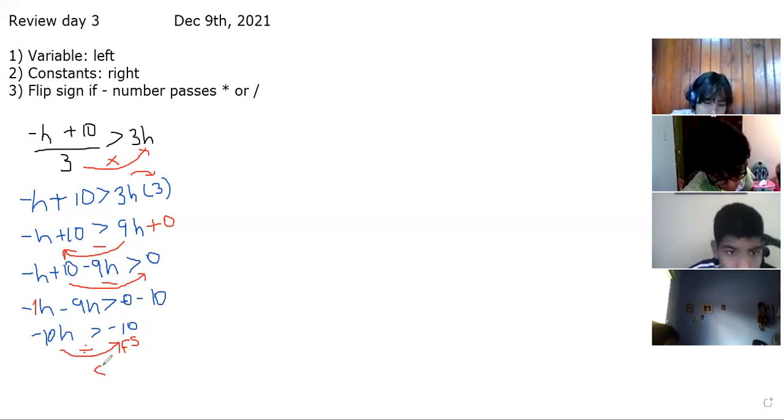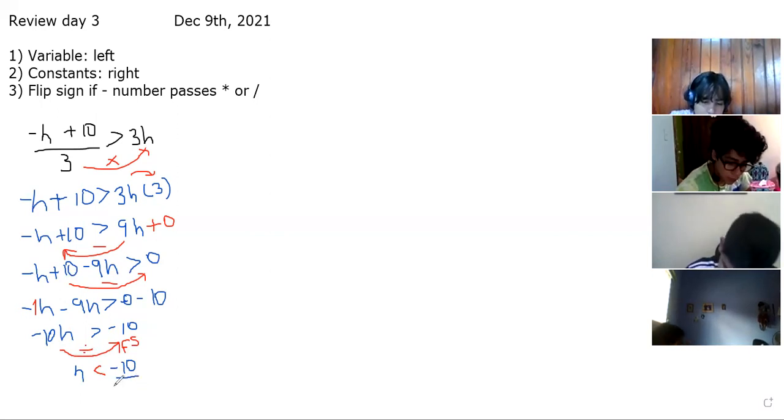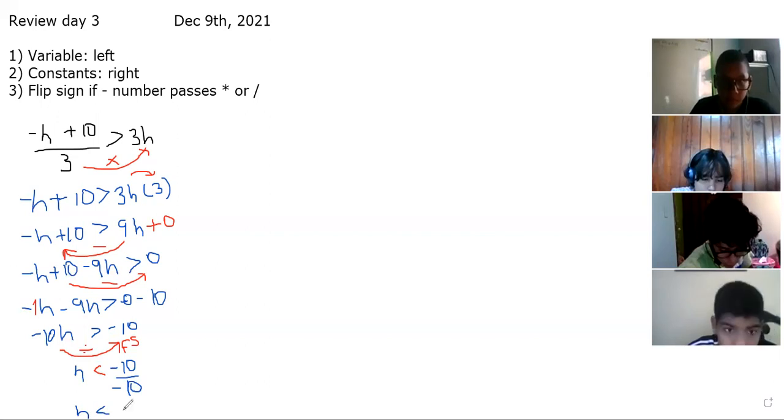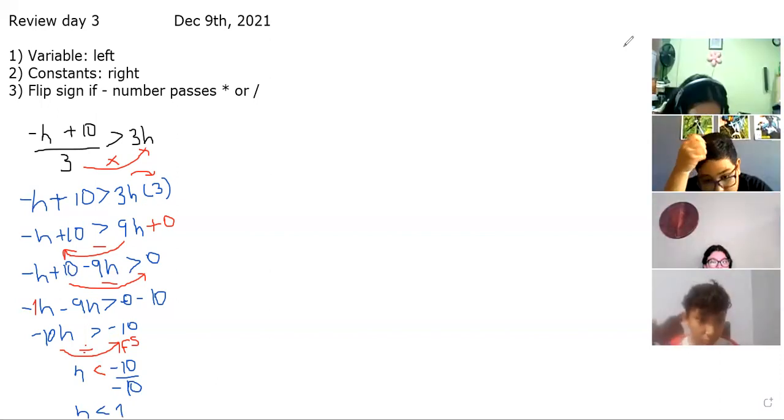So we're going to have h is less than negative 10, this one, divided by this other negative 10. So negative 10 divided by negative 10, how much is that? Positive 1. Positive 1, perfect. So h is less than positive 1. And that's my final answer, right?